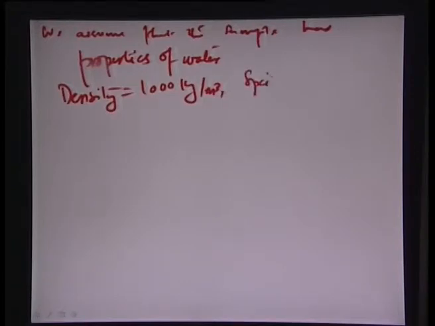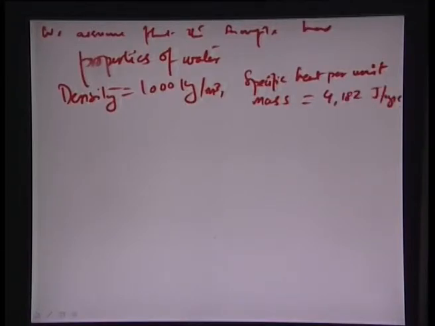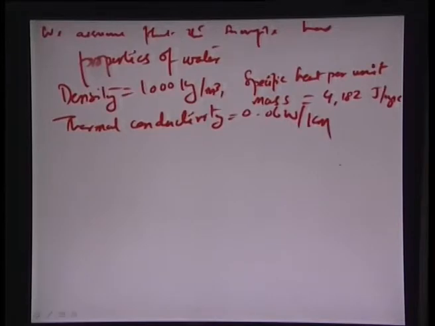Specific heat capacity per mass of water is about 4182 joules per kg Kelvin. Thermal conductivity is about 0.06 watts per Kelvin meter.